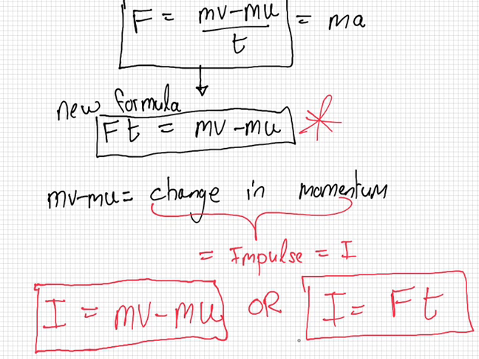Now this time here has a special name. Does anyone know its special name this time? It's called contact time. I'll write that down. Contact time, because it's the time when you touch.